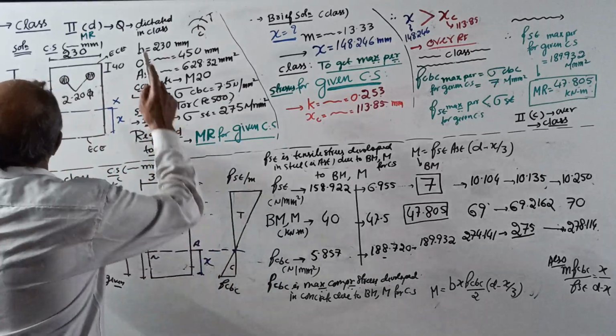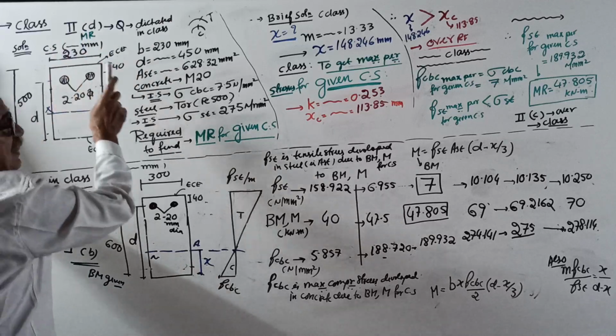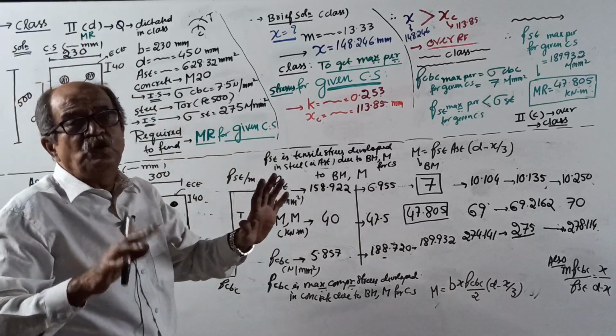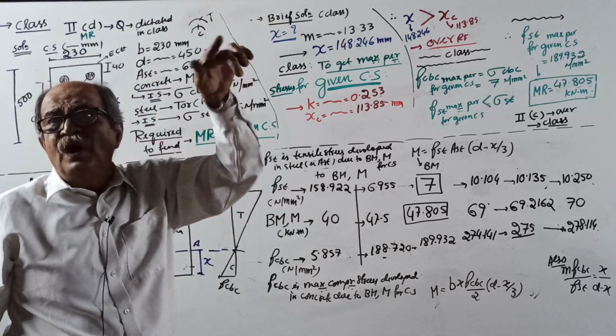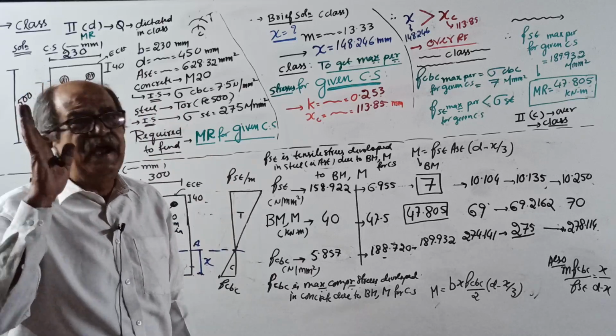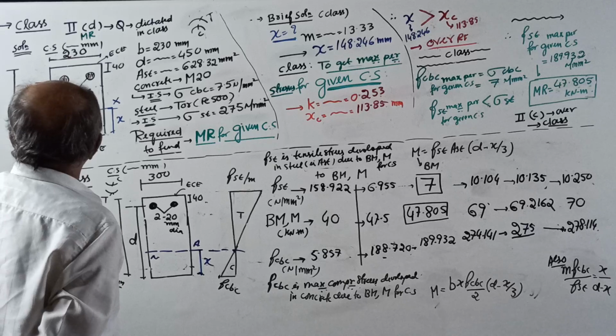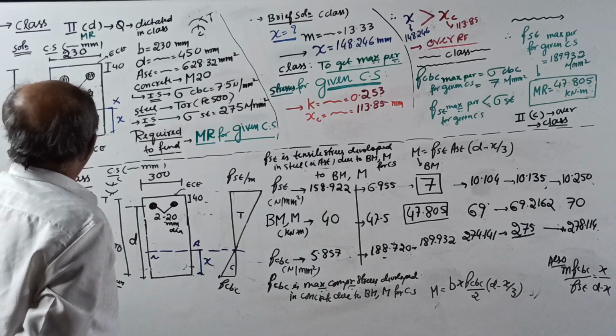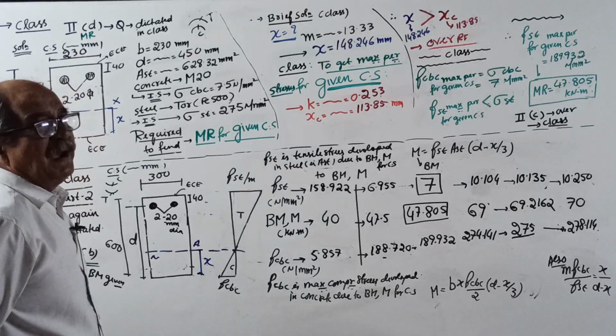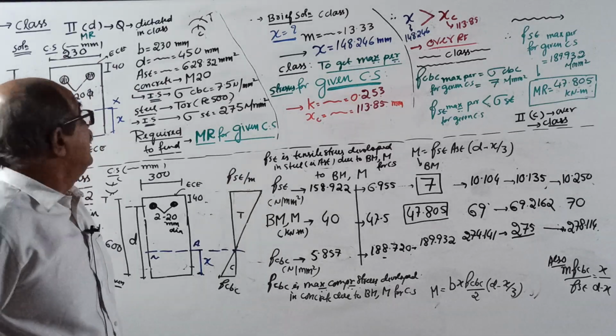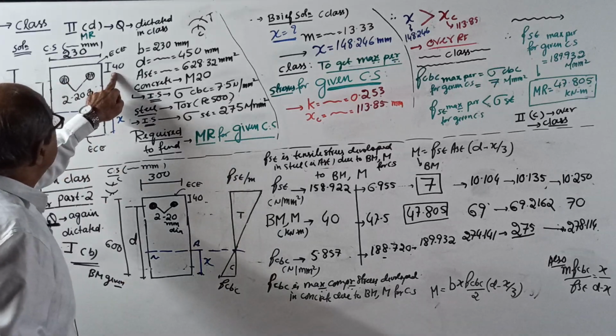Start. Roman 2D. Remember, now you are in Roman 2. One more homework for you for MR calculation. Question: A rectangular section of an RC beam 230 mm by 500 mm is reinforced on the tension side by 2 bars of 20 mm diameter at a clear cover of 40 mm.